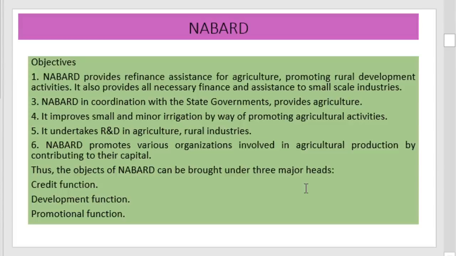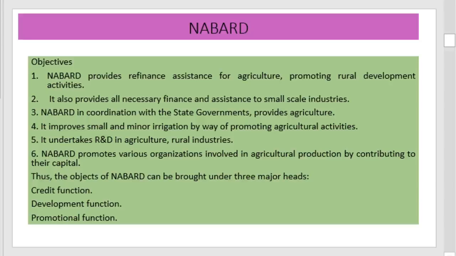The major objectives of Nabard are to provide refinance assistance for agriculture and promote rural development activities, and to provide all necessary financial assistance to small scale industries. The first objective is that it provides refinance assistance for agriculture, promoting rural development activities. Second, it provides all necessary financial assistance to small scale industries.